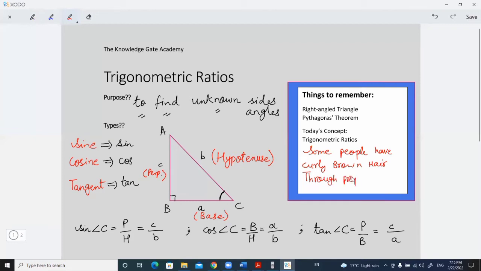From this you can remember these trigonometric ratios in terms of sides. I hope it's fine till now. If you have any queries, you can write them in the comment box. So in this video we have to discuss how we can find unknown sides as well as unknown angles.